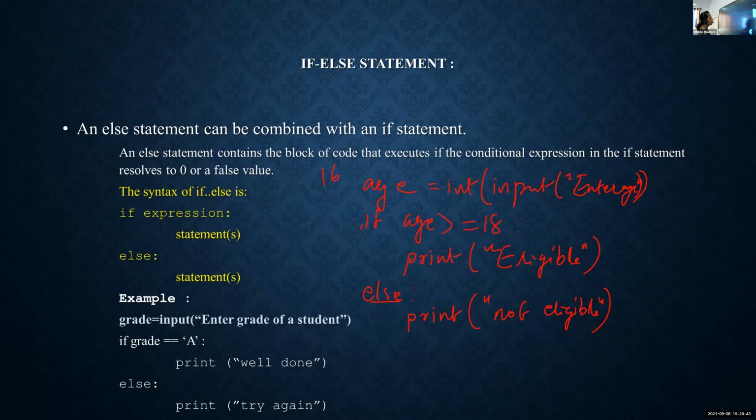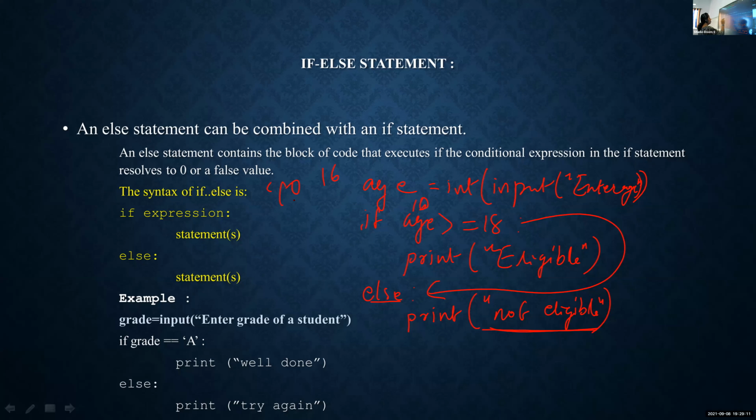So the condition is false. So the control moves to else part and the statement executed is not eligible. Okay. And if I am giving 10, the same thing. The content is 10. So 10 greater than or equal to 18 is a false statement. So it will move to else part and it will execute not eligible.